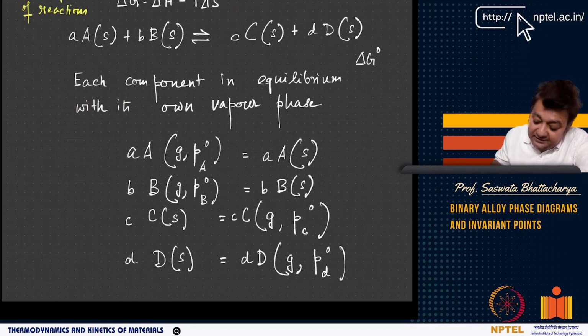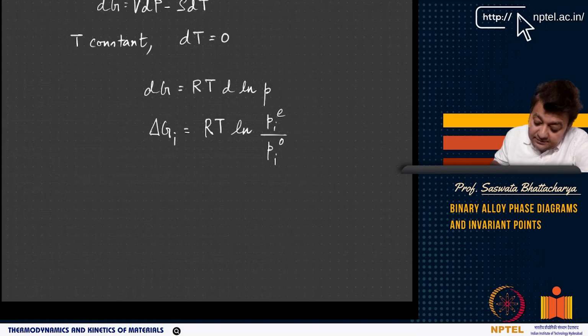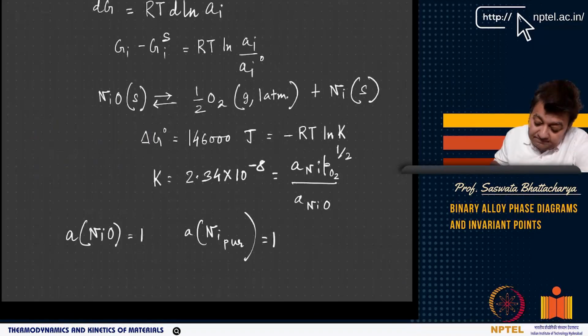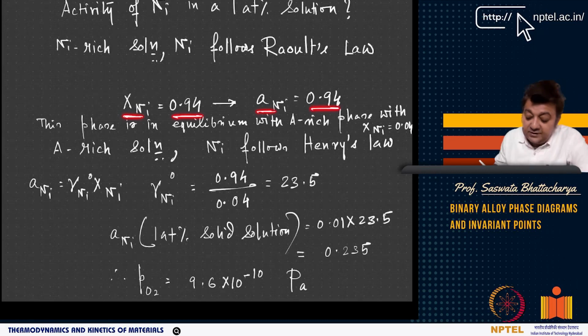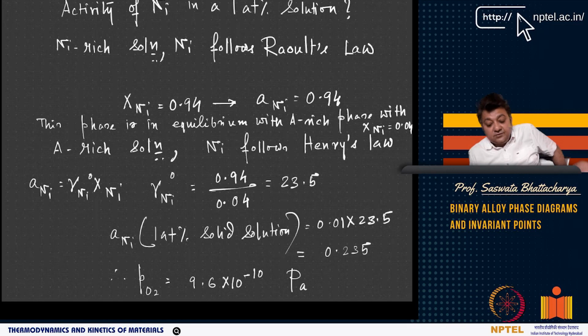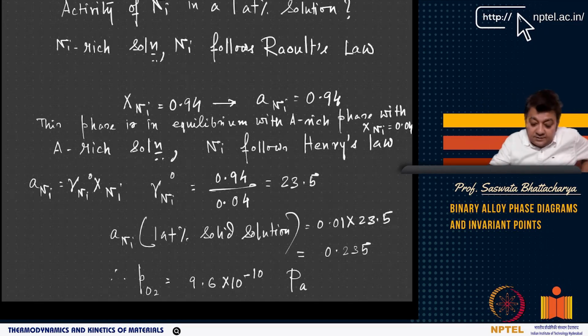Now, when you have XNi equals 0.94, it corresponds to ANi equals 0.94.